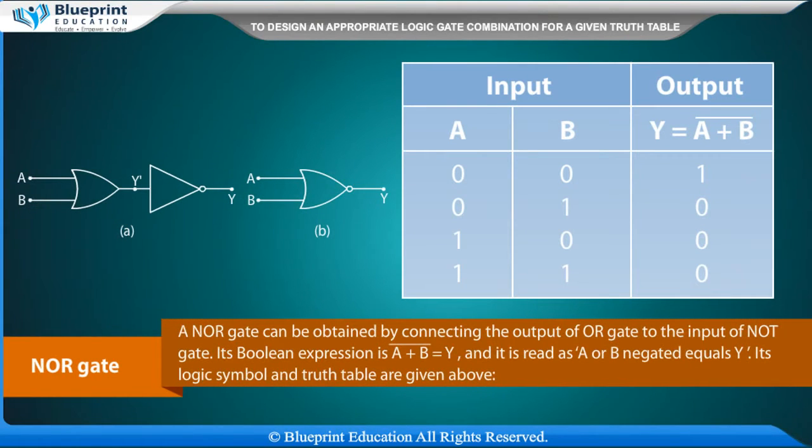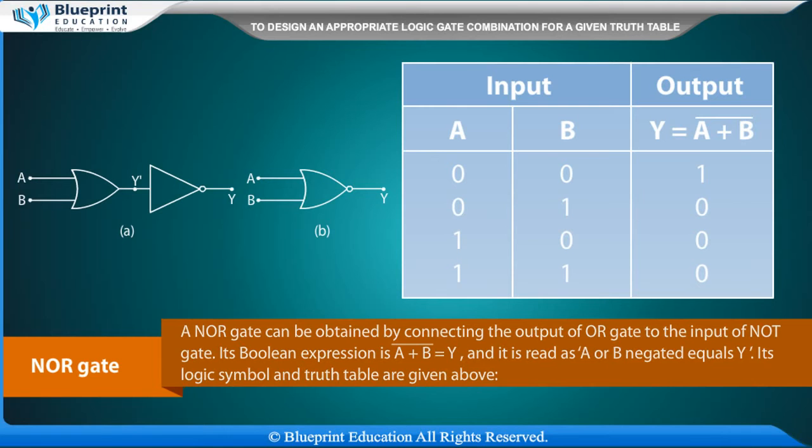NOR gate. A NOR gate can be obtained by connecting the output of OR gate to the input of NOT gate. Its Boolean expression is A plus B bar is equal to Y, and it is read as A or B negated equals Y. Its logic symbol and truth table are given above.